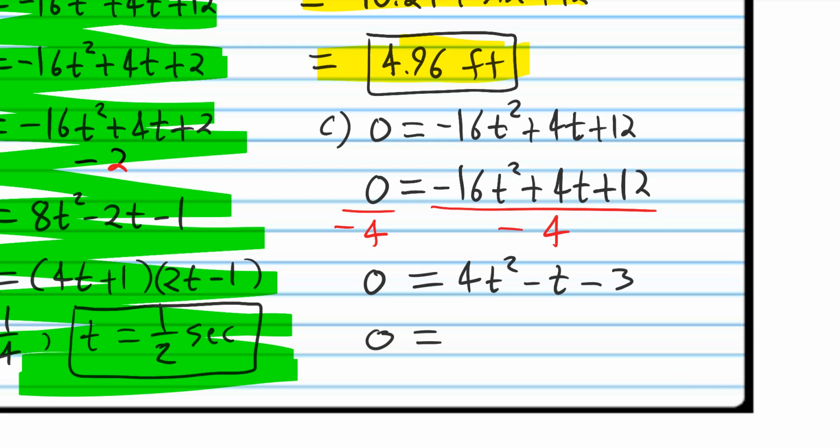And factor. I'm going to try 4t and t, -3 and +1. -12 and 1t, that's not even close. So I'm going to try switching these numbers. Negative 4t, positive 3t is negative 1t. So it looks like that works.